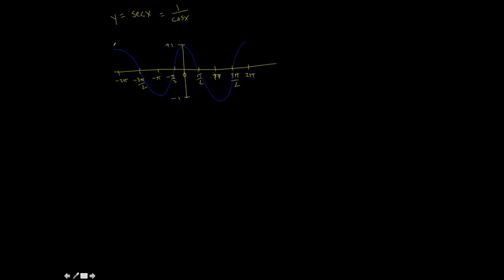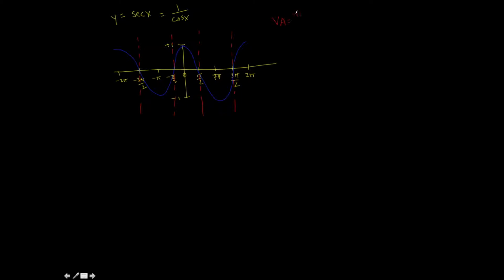In much the same fashion, everywhere there's an x-intercept with cosine is going to be a vertical asymptote with secant. So I've got a vertical asymptote here, here, here, and here.